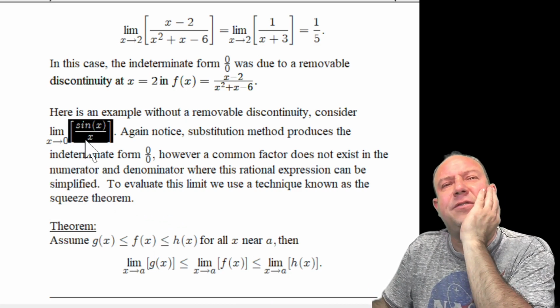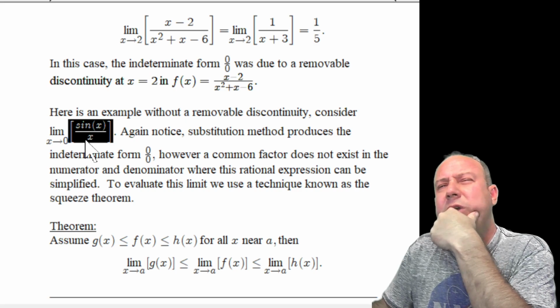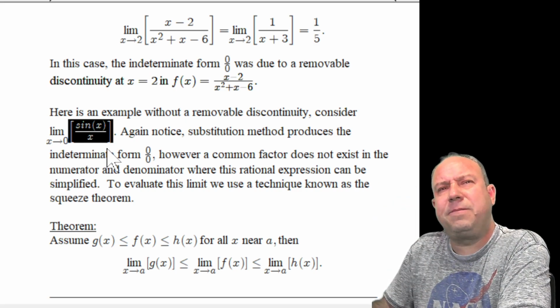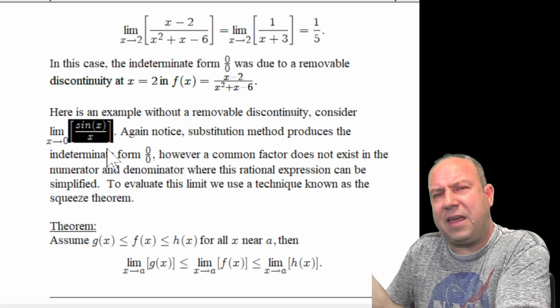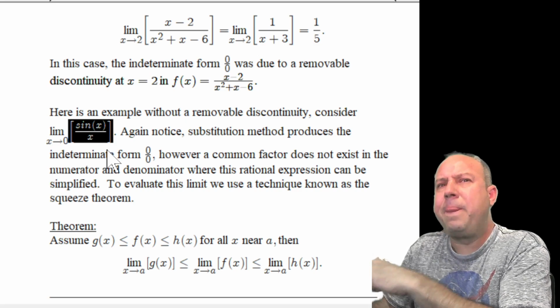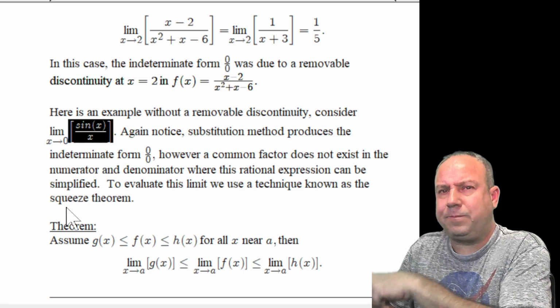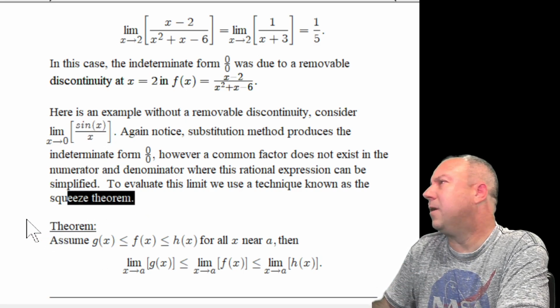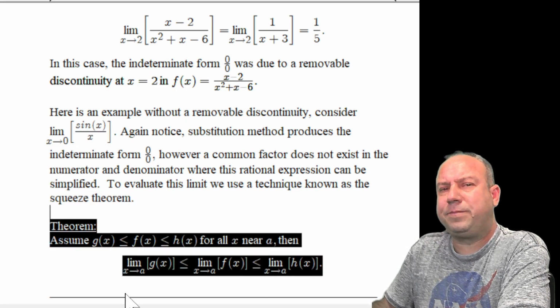But in the case for sine x over x, we don't. And what technique could we use to evaluate that indeterminate form? Well, here we have the squeeze theorem. All right. Here's the squeeze theorem.